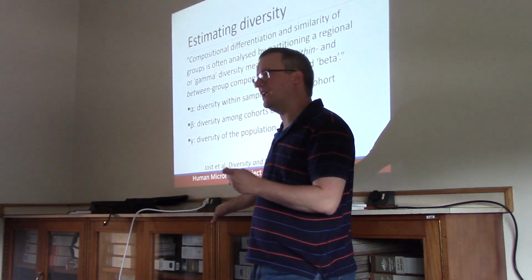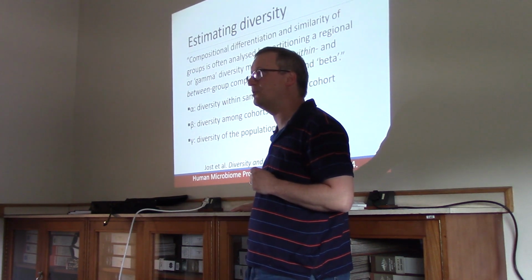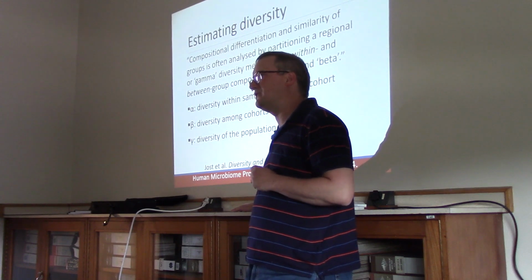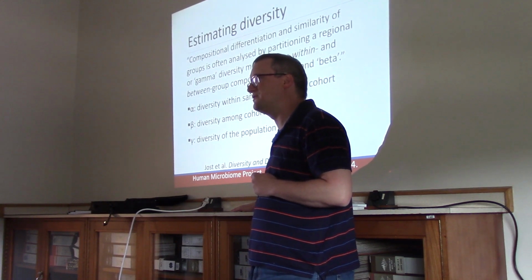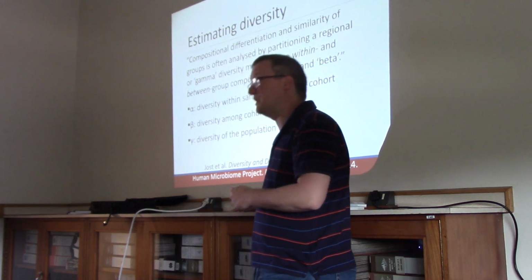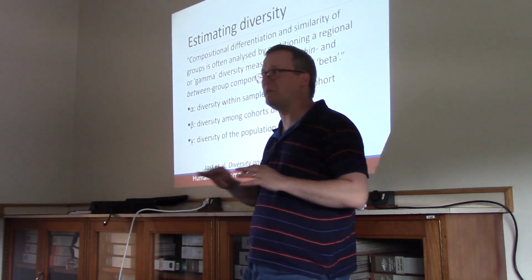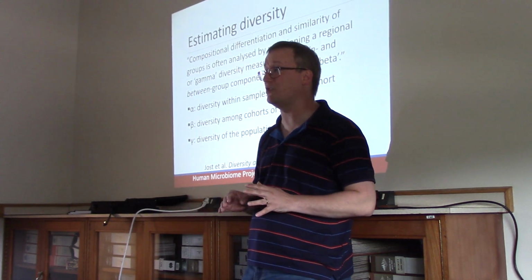So generally speaking, when we talk about alpha diversity as being samples within the same cohort, the only way you could really deal with that is to say I've got multiple samples drawn from the same site for the same person. As soon as you step from one person to another, you've already moved into beta diversity when we get into microbiomes.